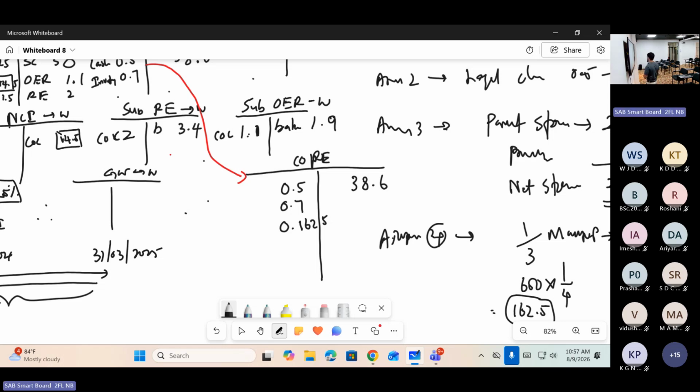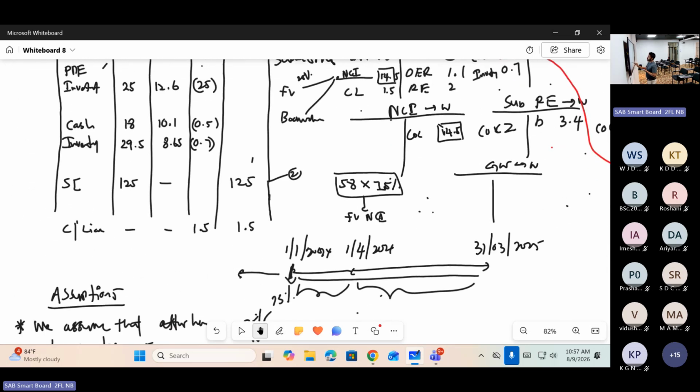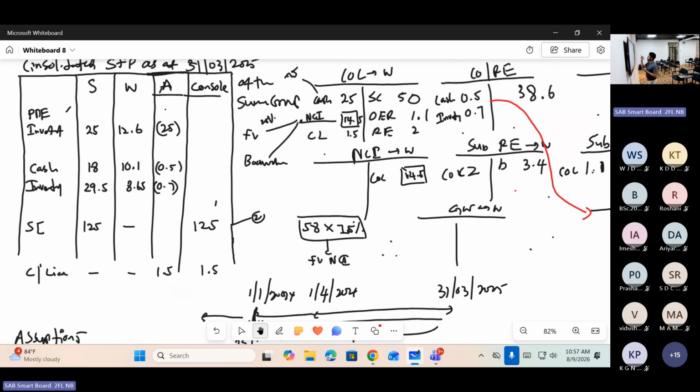Credit here, debit here, right? Control return is debit. Credit where? Subsidiary inventory. We don't need to split that. We have another entry here. What is that? 0.1625.